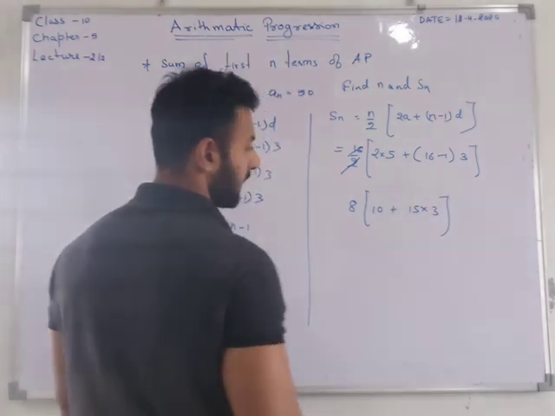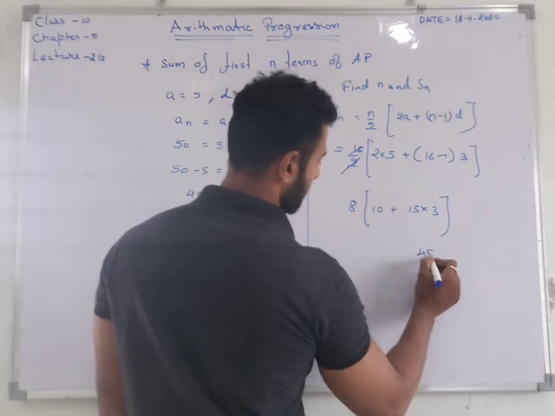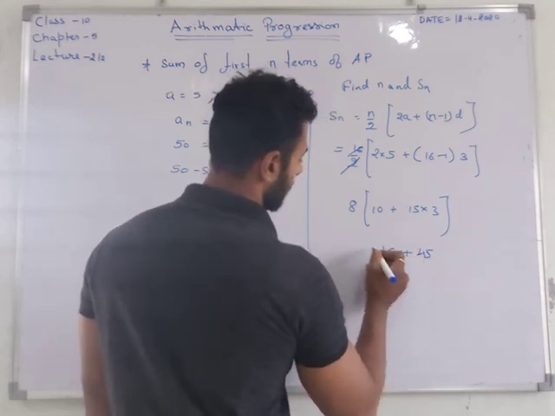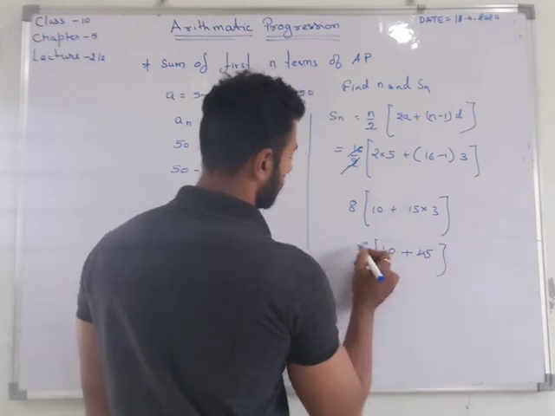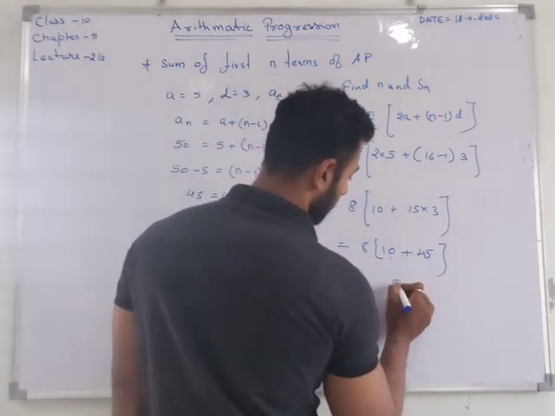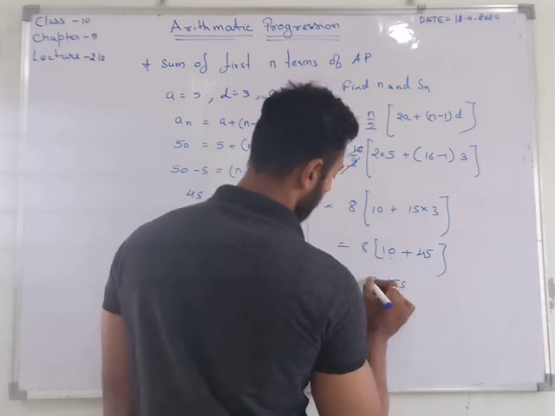This will be 45 plus 10, into 8. 10 plus 45 will be 55, into 8.